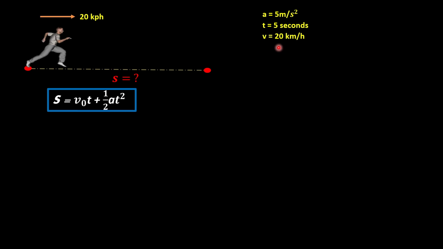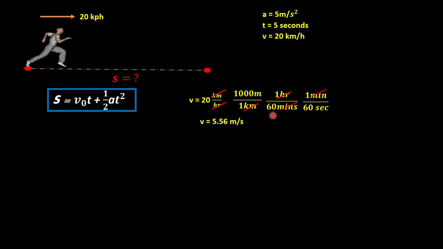So, sabi ko kanina, kailangan uniform yung ating unit. So, convert natin si 20 km per hour. Kailangan natin makancel si kilometer at si hour. 1 kilometer is 1,000 meters, 1 hour is 60 minutes and 1 minute is 60 seconds. Maka-cancel si kilometer, cancel si hour, cancel si minutes. Matitira is meter per second.